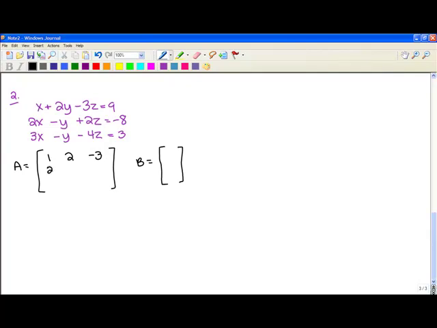Then the next equation is a 2x, a negative 1y, and a 2z. And the last equation is 3, negative 1, and negative 4. Matrix B contains the numbers 9, negative 8, and 3. So we'll enter both matrices in our calculator, calculate the inverse of matrix A, and multiply it by B.